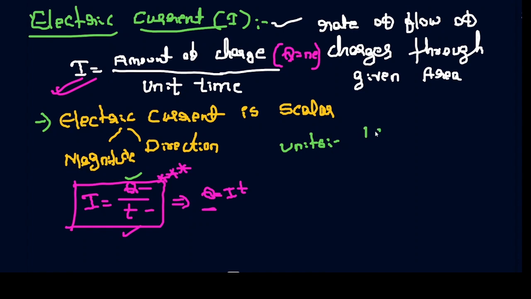Coulomb. 1 coulomb per second. That is, coulomb per second is the unit of electric current, and that is also now known as 1 ampere. So its unit is ampere.